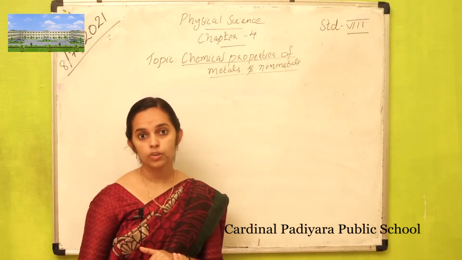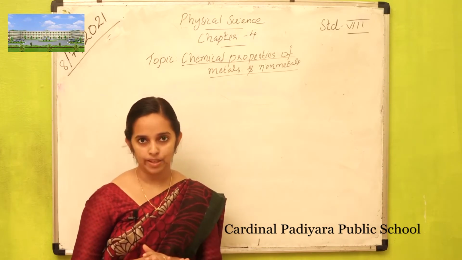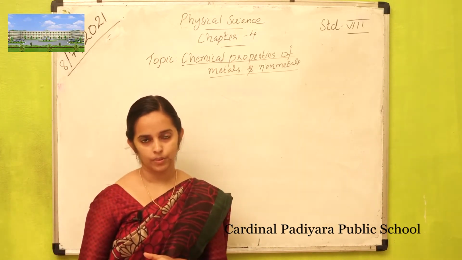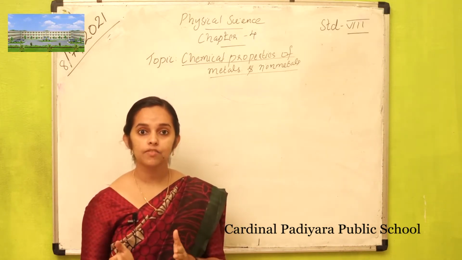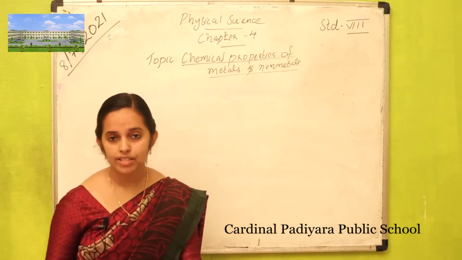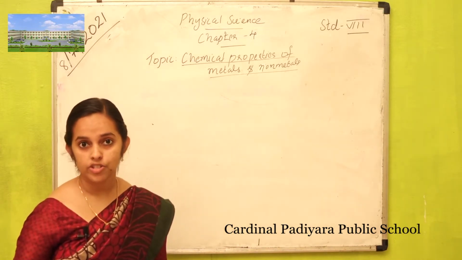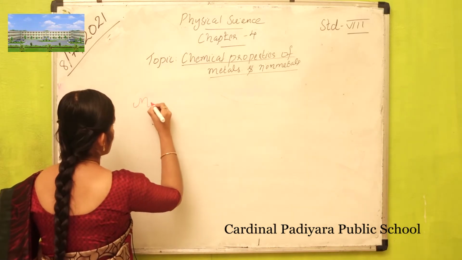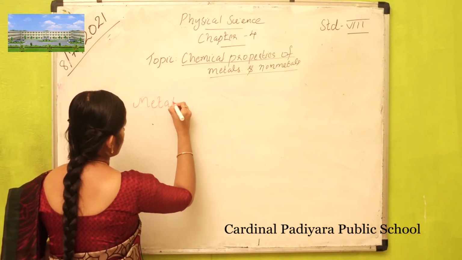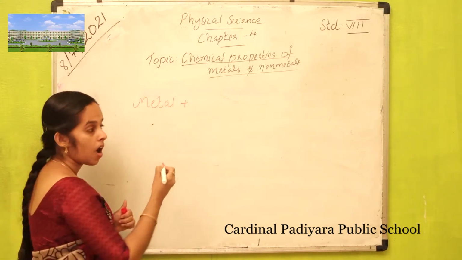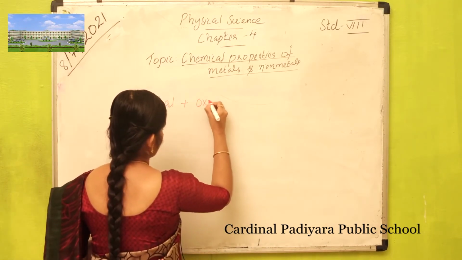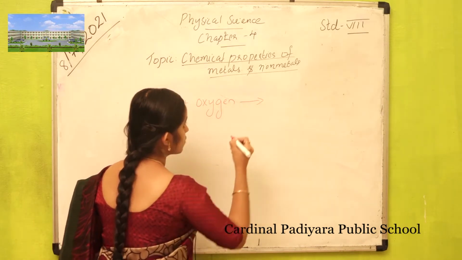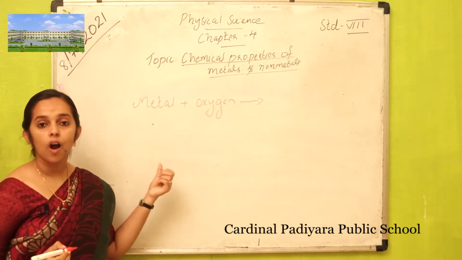First we are going to study what happens when a metal reacts with oxygen. What happens when a metal reacts with oxygen? I will tell you, when a metal is reacting with oxygen, the product will be a metal oxide.